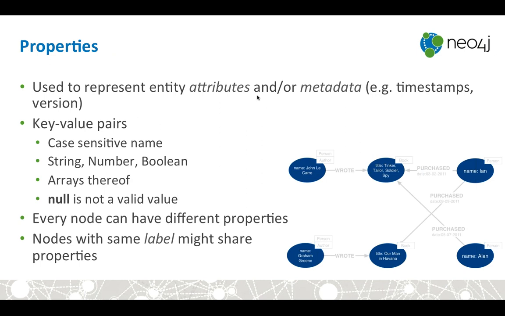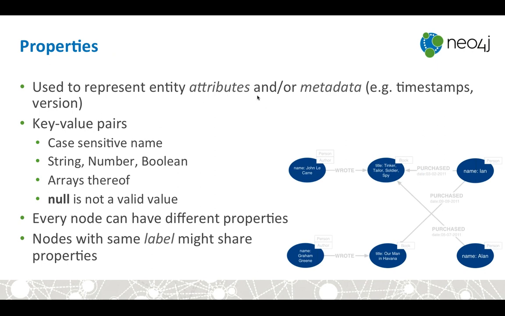Properties on nodes and relationships are attributes, and they have a case-sensitive name. They can be strings, numbers, or Boolean values, or arrays thereof. And null is not a valid value. So you would just leave off properties that are null, because Neo4j is a schema-free database, so there's no need to put in null values for columns or default values if you don't need them. You can always derive default values, for instance, at query time.